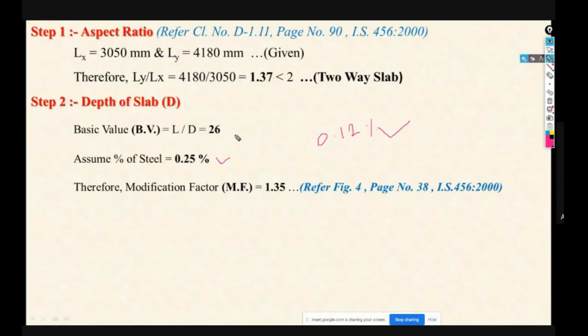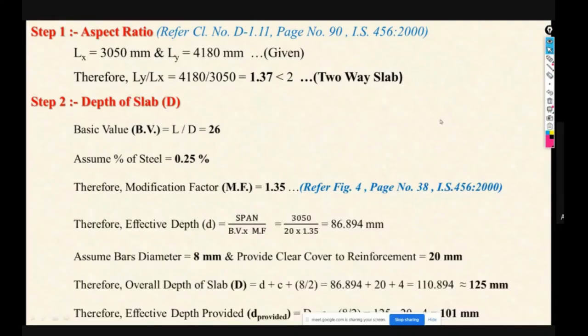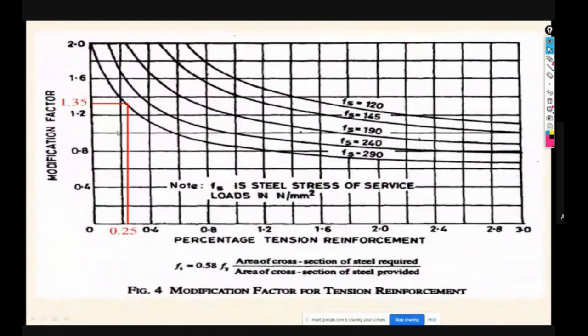Okay, so as per the reinforcement and this graph, I think that graph we have already discussed in one-way slab. See, this is the graph that we have discussed. So now here, first we have to calculate the Fs value, and for Fs value we require reinforcement required and reinforcement provided. But now here we have not calculated any reinforcement, so we will consider that ratio is 1, and 0.58 into Fy.